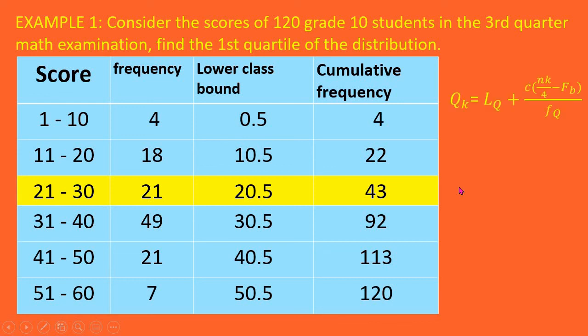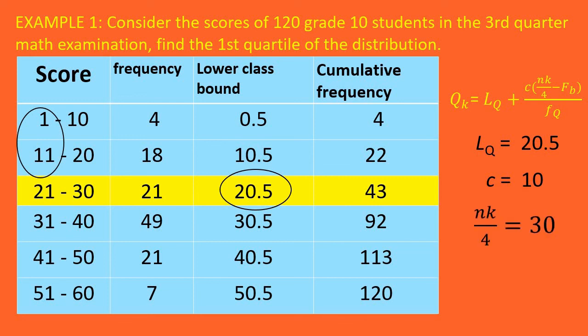Given our formula for quartile, let's find the values for each symbol given in the formula. For our lower class boundary, that's 20.5, and then the class size is again 10, and NK over 4 based on our computation a while ago is 30. Then the less than cumulative frequency before the first quartile class, that's 22, and the frequency of the quartile class is 21.